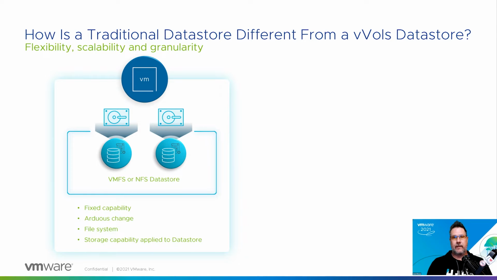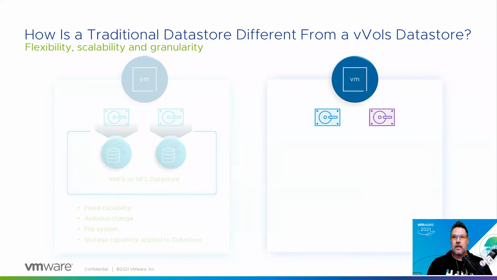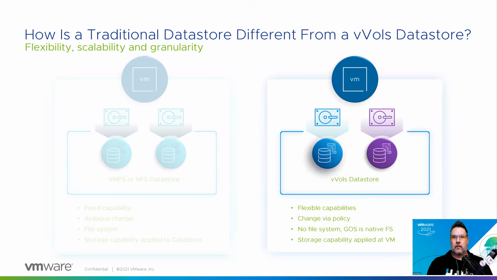Now, when we look at vVols, go ahead and hit next. That complicated mechanism of having to separate these goes away, because like I said, you can manage the storage capabilities at either the VM disk or the VM level. Now, when it comes to replication, it is at the VM level only.